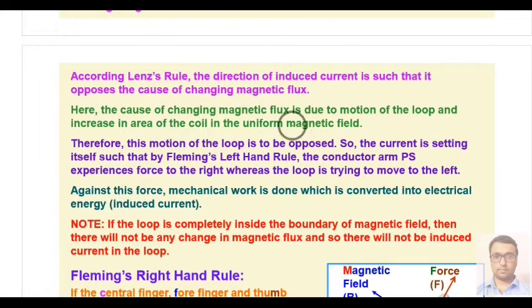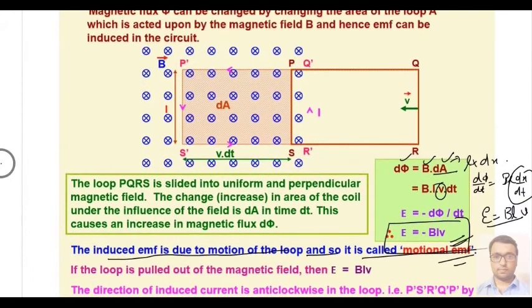Now if we want to find the direction of the induced current, according to Lenz's law, the direction of induced current is such that it opposes the cause of the changing magnetic flux. Here, when the metal rod P dash S dash moves, the total magnetic flux into the plane is decreasing.